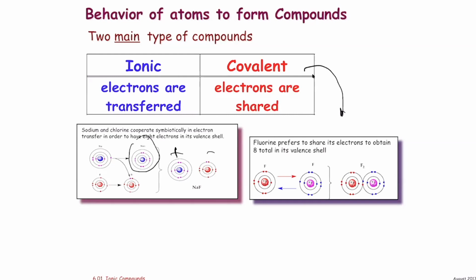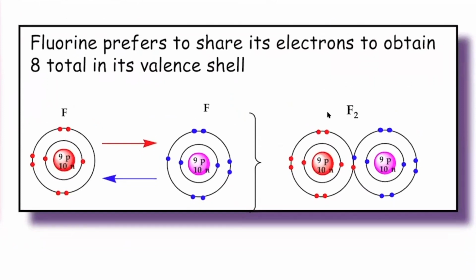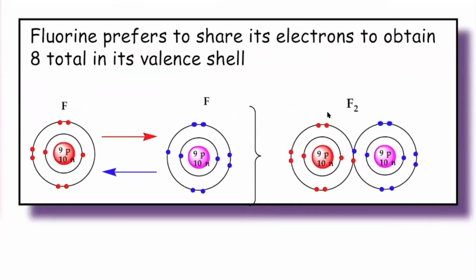But when you have 2 atoms, like 2 fluorines coming together, one atom is not going to give up 7 electrons to satisfy the other. It's too much sacrifice. So what do they do? They mutually agree to share one of their electrons apiece. And when they mutually share their electrons, this is the picture that you see.